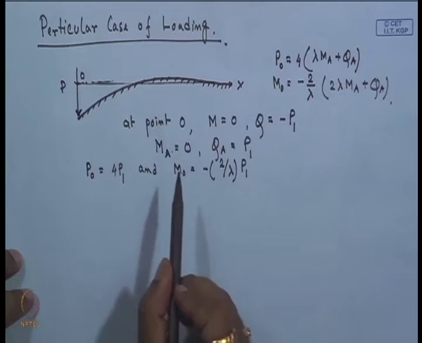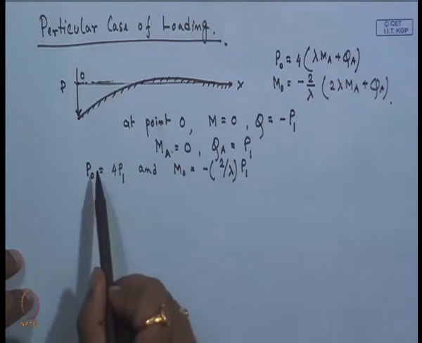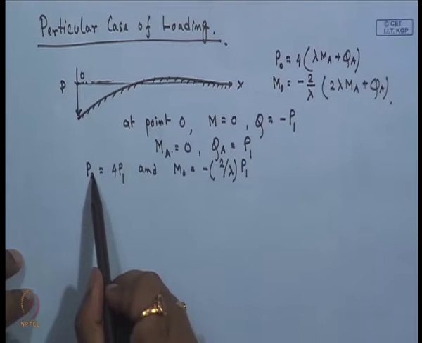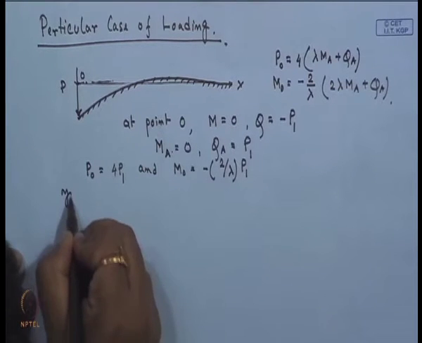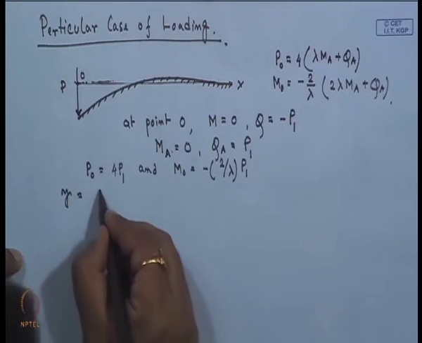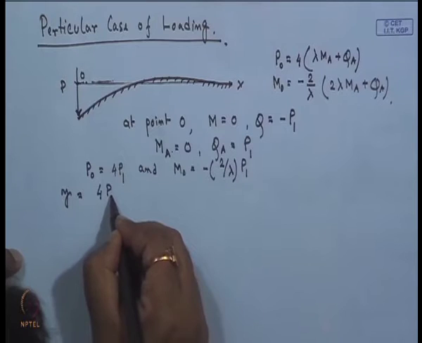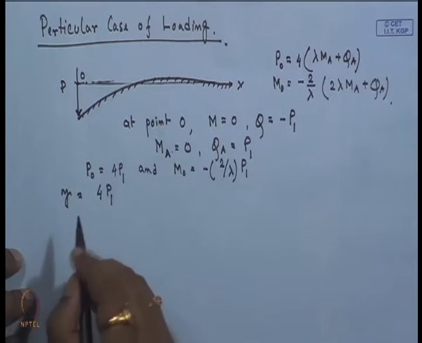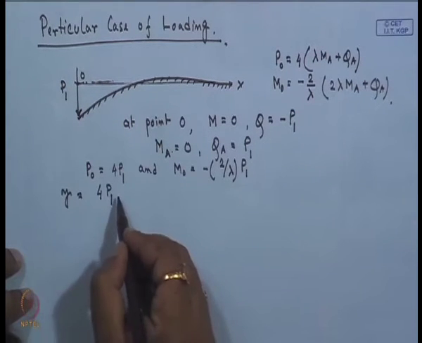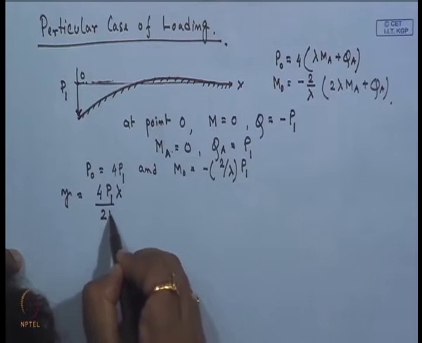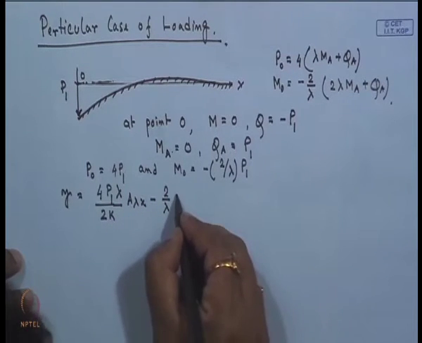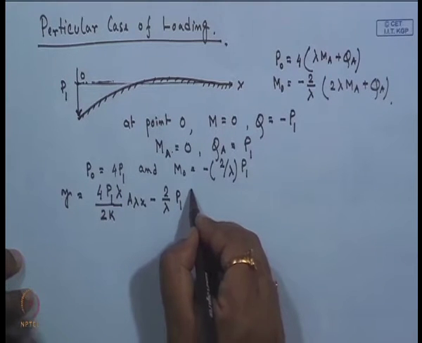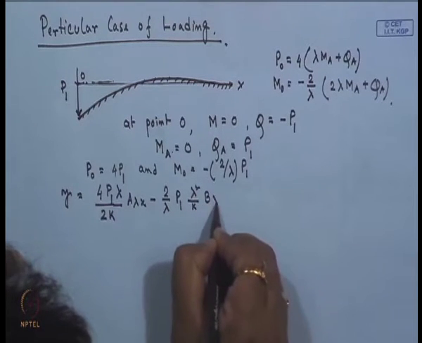We are applying two cases, one is a concentrated load and one is a concentrated moment, P 0 and M 0. So, the net deflection for the concentrated load and concentrated moment for an infinite beam is: for P 0 we apply 4 P 1 into lambda by 2 k, then A lambda x, minus 2 by lambda P 1 into lambda square by k, B lambda x.